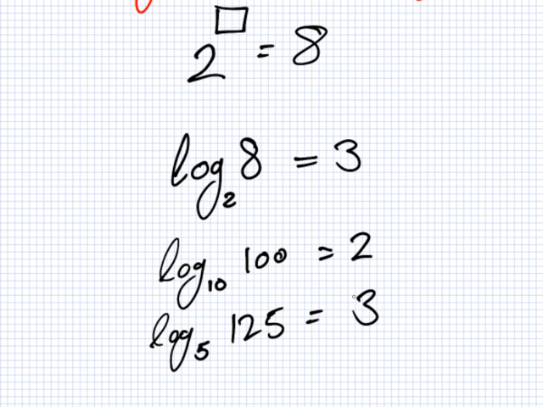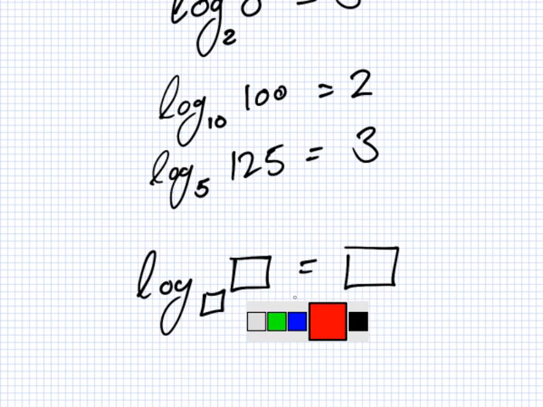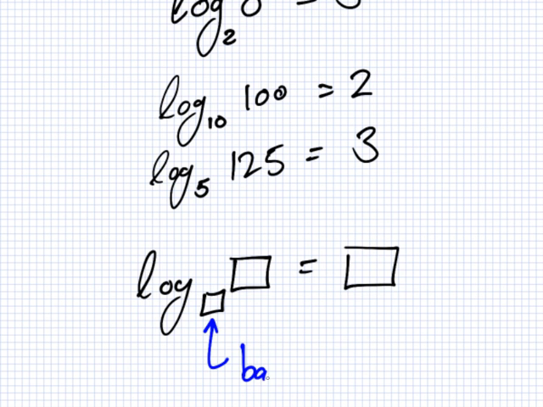Okay, we get the idea here? Yeah. So, the way we label these, you need 2 parts, well, 3 parts I suppose. So does anyone know what this number here is called? Its name? Anyone know? No? Okay, this part is called the base.